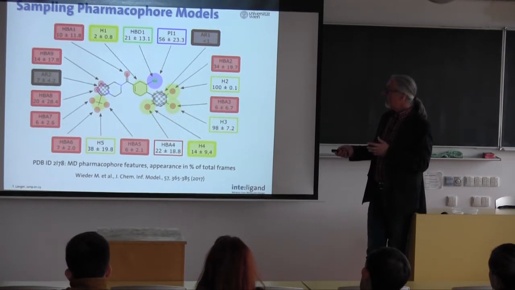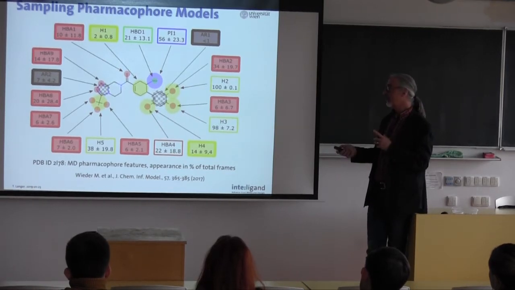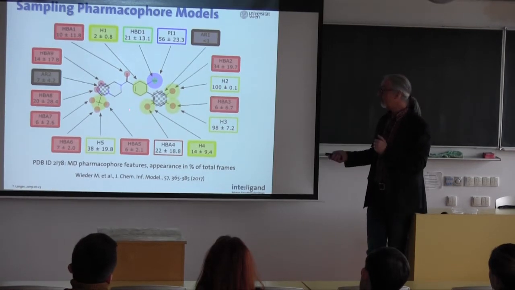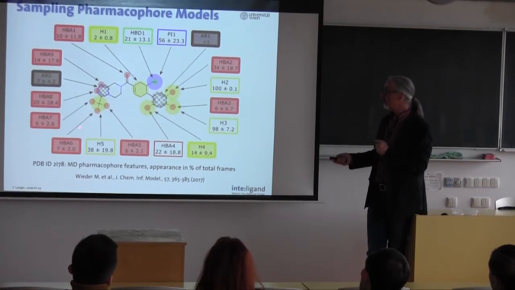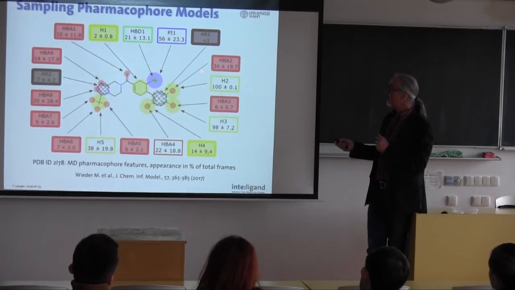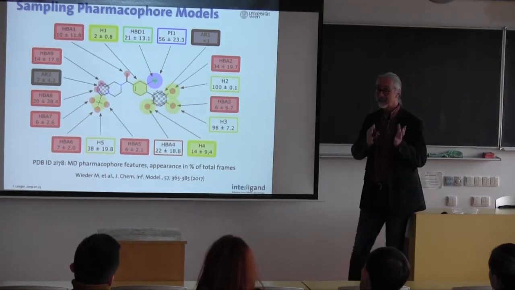And the way we encoded it is actually for each atom of each molecule, there is a potential pharmacophore interaction if there is a partner in the protein. And so what we look at is which atom undergoes which interaction and how many times of the trajectory it is there. Is it there at the beginning? Is it already there at the PDB structure?